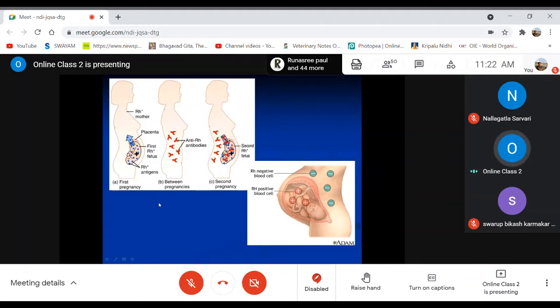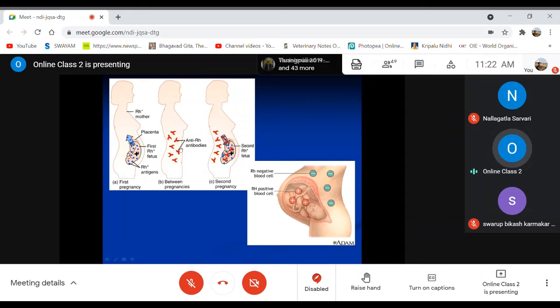But a lot of antibodies against the Rh factor will be produced in the circulation of the mother in between the pregnancies, so in the next pregnancy they are already developed. The mother is carrying these antibodies already. And the second time, when the woman conceives again, the baby will again carry the Rh positive.